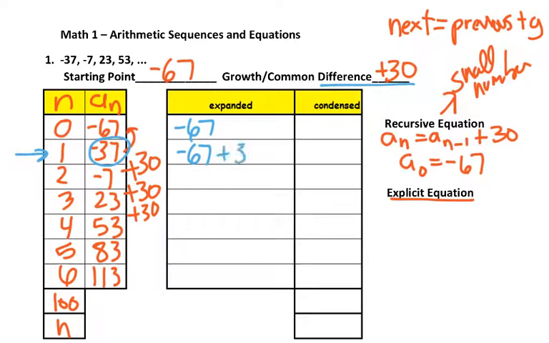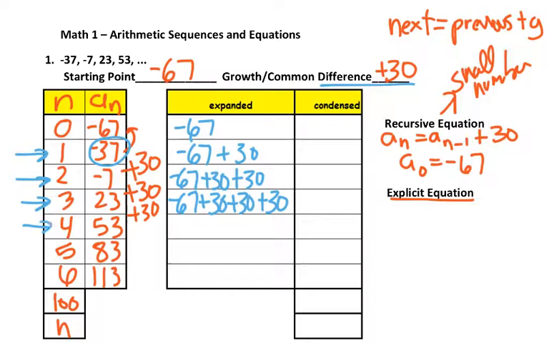Oh, we added 30 once. Then the second one, negative 67. Well, this time, to get to negative 7, we added 30 twice. Look at the third term. To get to 23, we took negative 67 and we added 30 3 times.